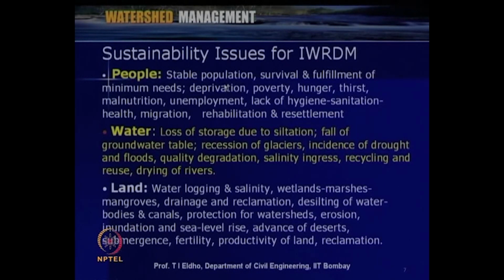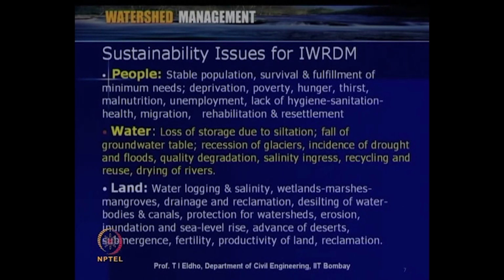The population is increasing, so water needs increase. Then survival and fulfillment of minimum needs, then deprivation, poverty, hunger, thirst, malnutrition, unemployment, lack of hygiene, sanitation, health, migration, rehabilitation and resettlement. These are some of the issues which we have to consider when we discuss integrated water resource development and management.